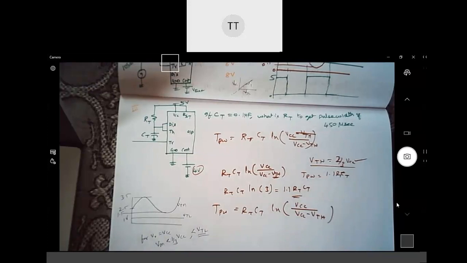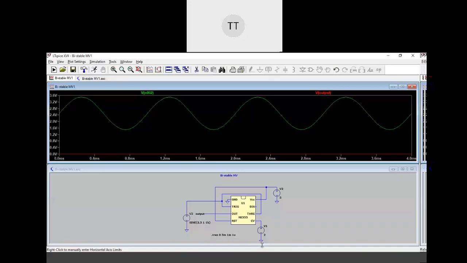Can somebody tell me how do I make the output voltage stay only at high? With what values can I make it only high output?